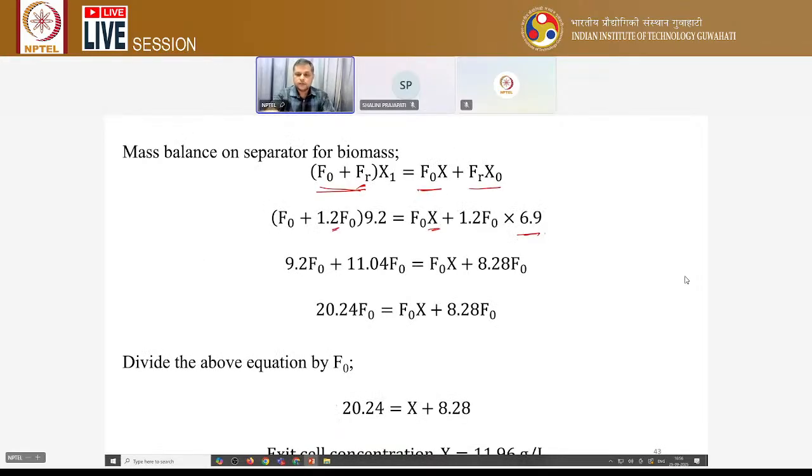So X0 is also known. FR you can write as 1.2 F0. So ultimately you get this expression in terms of F0, and F0 will be cancelled out here. So we'll get X as 11.96 gram per liter.